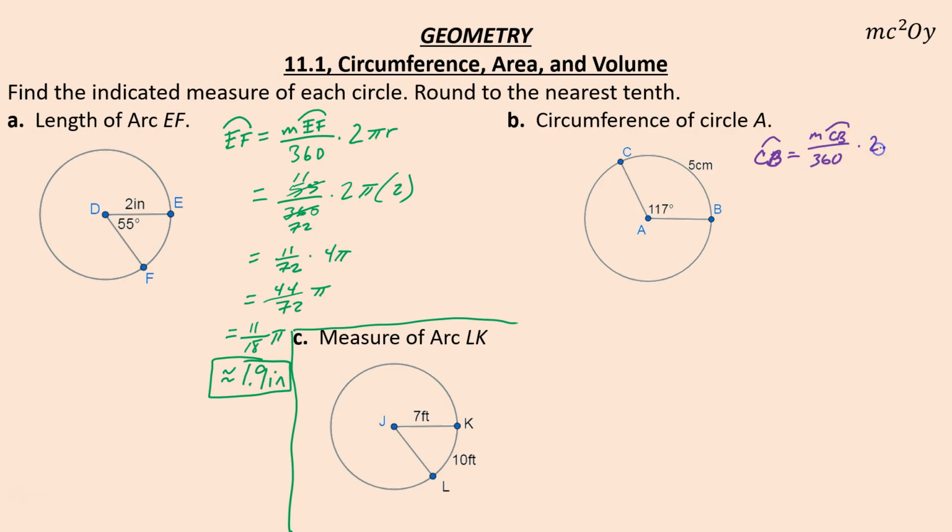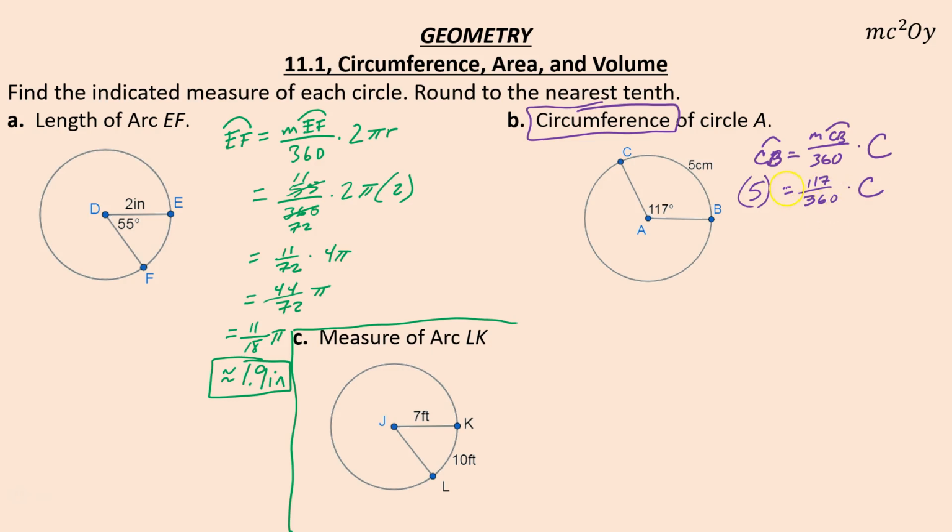And we usually say times 2 pi r. However, since we're looking for the circumference, well, 2 pi r means circumference, so I'm just going to leave that as C. Okay, C being the circumference. So substituting in what we know, arc CB is 5. We know the measure of CB is 117. And we're trying to find the circumference.